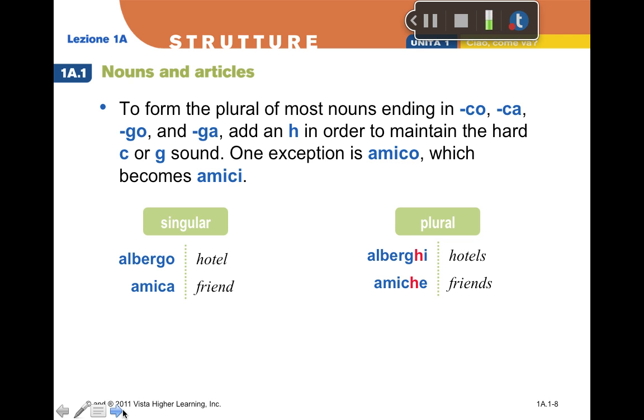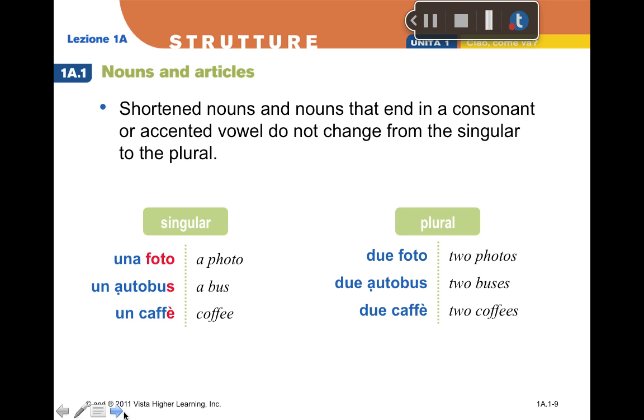The only exception is amico, because the plural of amico is amici. So albergo, alberghi, amica, amiche. Again, the exception is amico becomes amici. Okay? So it's not a hard sound anymore. It's a sweet sound. Whereas the feminine is amica, amiche. Okay?